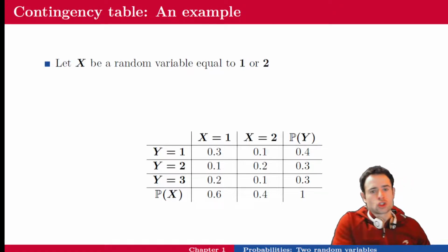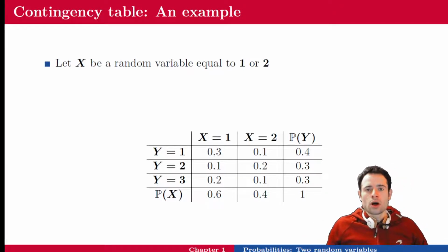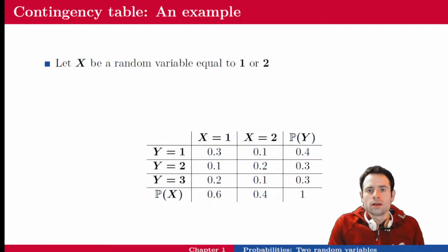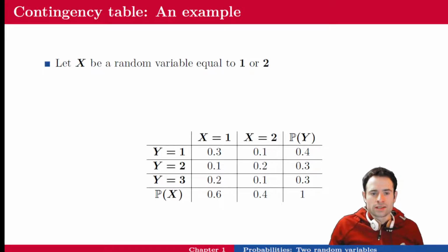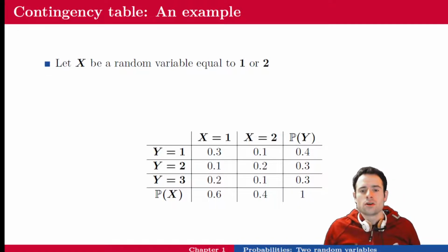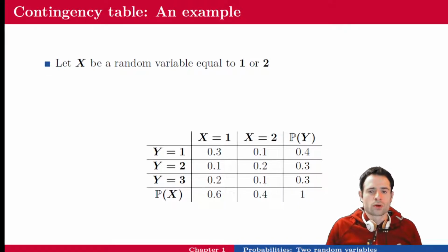And then I talked about joint probabilities, which are the probabilities of X and Y realizing themselves at the same time. I gave you a bunch of fancy formulas. This is how it looks in an example. Honestly, I think it's going to be easier once you get to put some numbers on them.